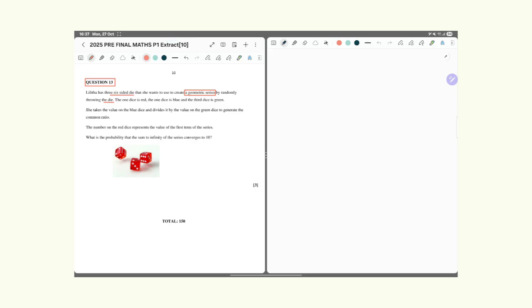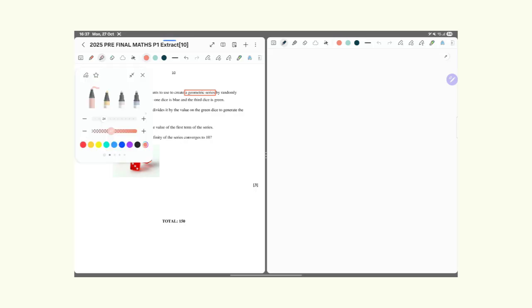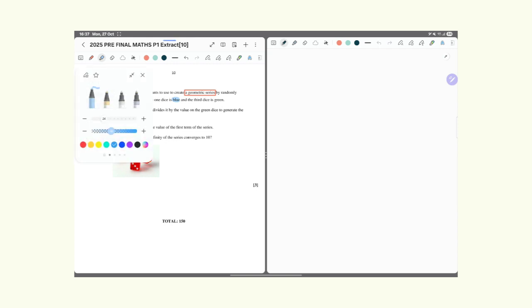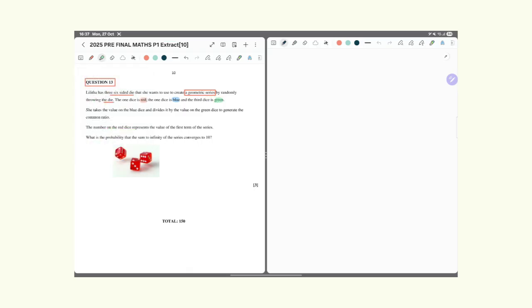Now the one die is red, the other dice, remember when it's a singular it's a dice, when it's many it's die, that one is blue, and then the green. So that is what we have.